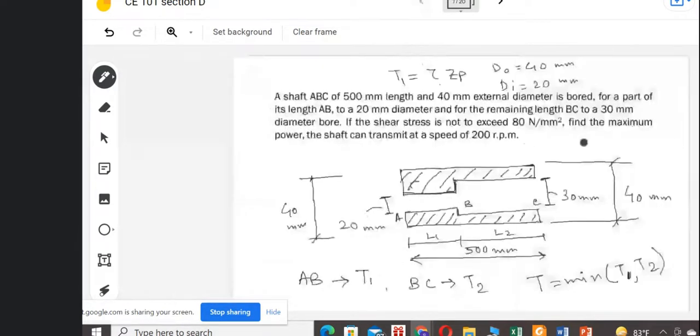So it was asked to find the maximum power if the shaft can transmit at a speed of 200 RPM.